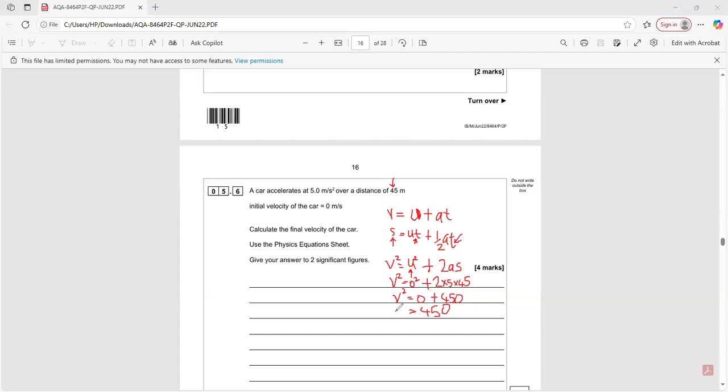Now that's not the final answer. The question said, find the final velocity of the car. V is the final velocity, not V squared. So you have to take the square root of both sides.